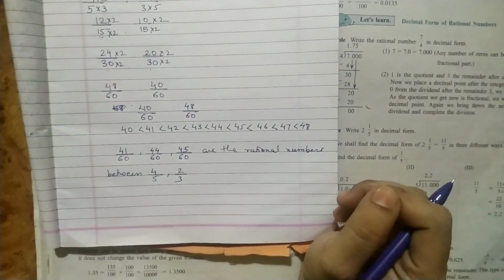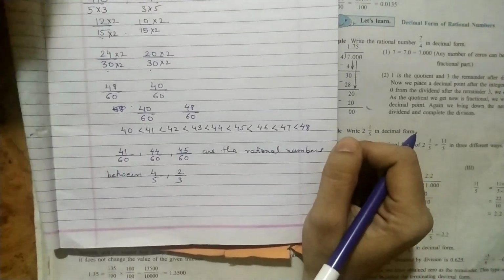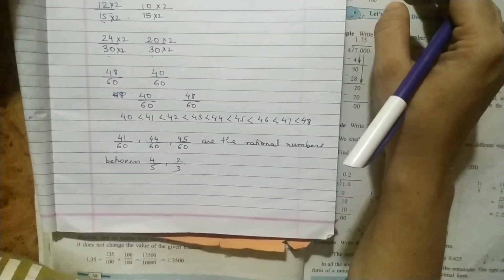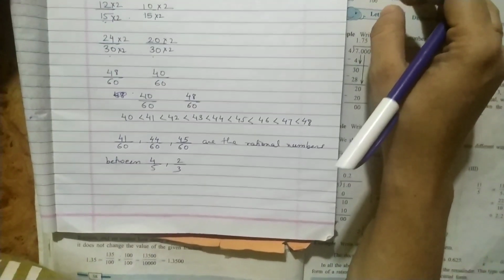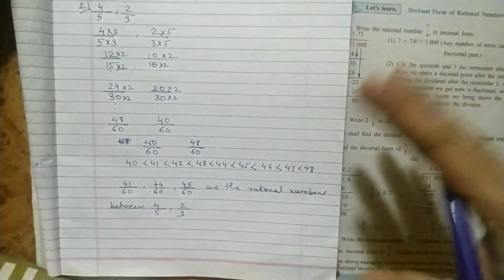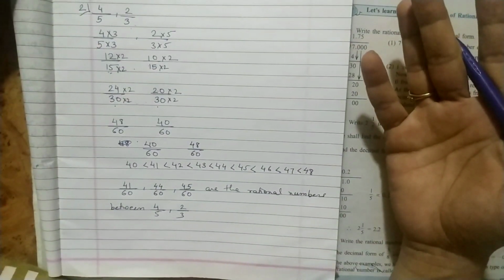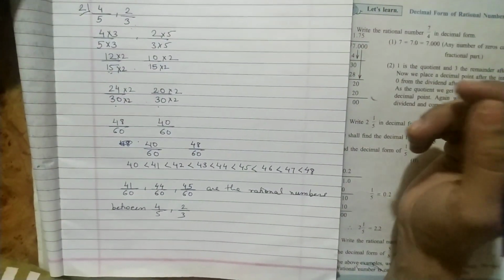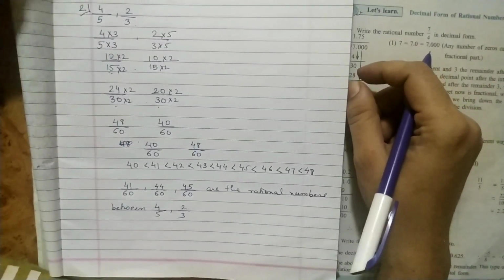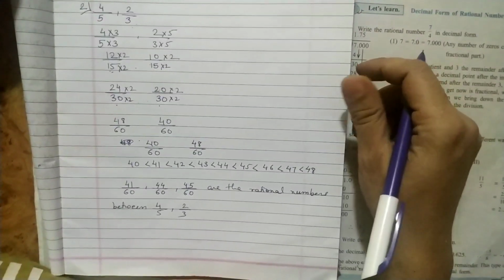Okay, don't worry, you can follow that method also. You follow any method, but logically it should be correct. You can follow this method, or if you want to follow any other method, you can follow that method also, but the only thing is your solution must be correct.